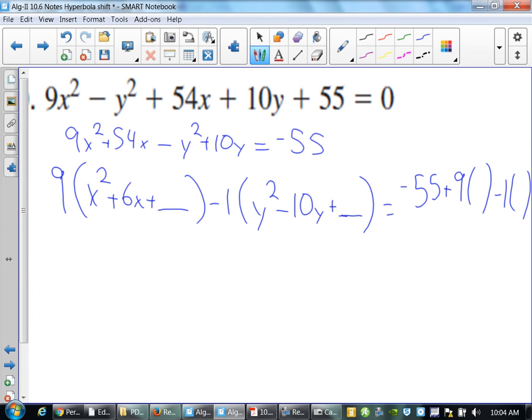It's got fractions and fractions. Half of 6 is 3. So we have 9 times x plus 3 squared. Add 9 to both sides. Half of negative 10 is negative 5. Square it, we're going to add 25.